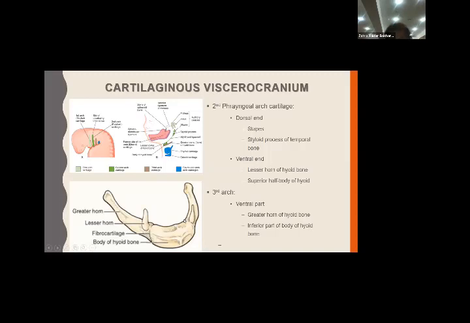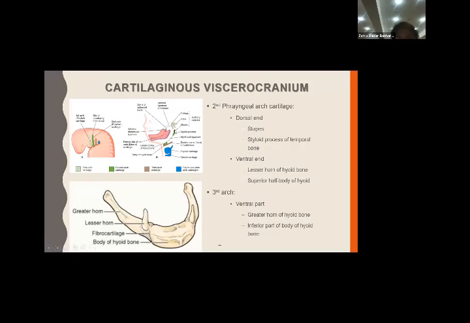मैं फिर repeat कर देती हूँ. The bones that develop by intracartilaginous ossification, viscerocranium की, मतलब face की वो bones that develop by intracartilaginous ossification. Second arch posterior से शुरू होके anterior पे चले. Posterior थी stapes.